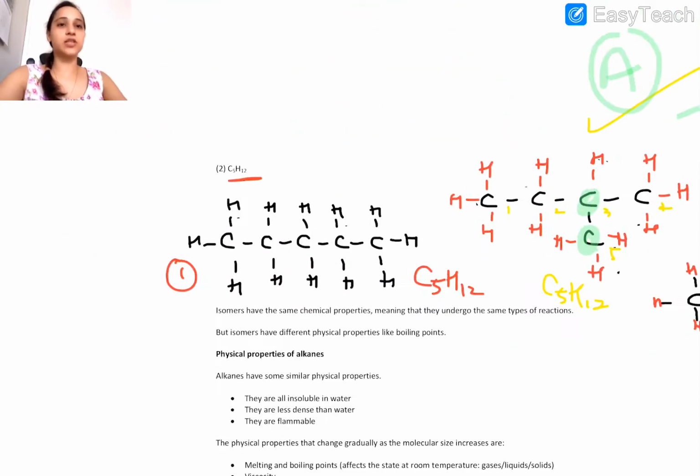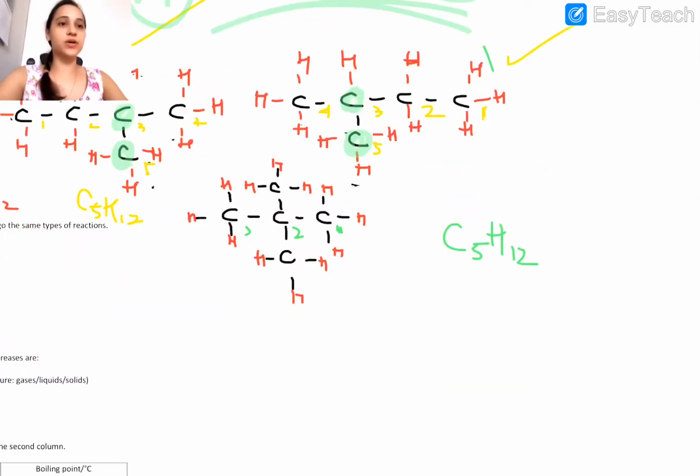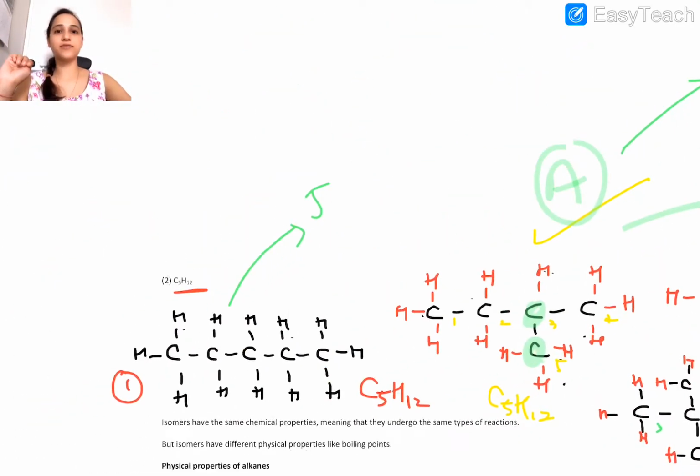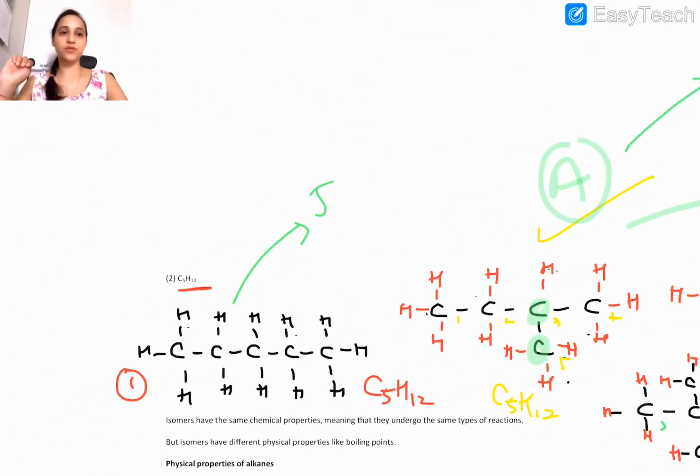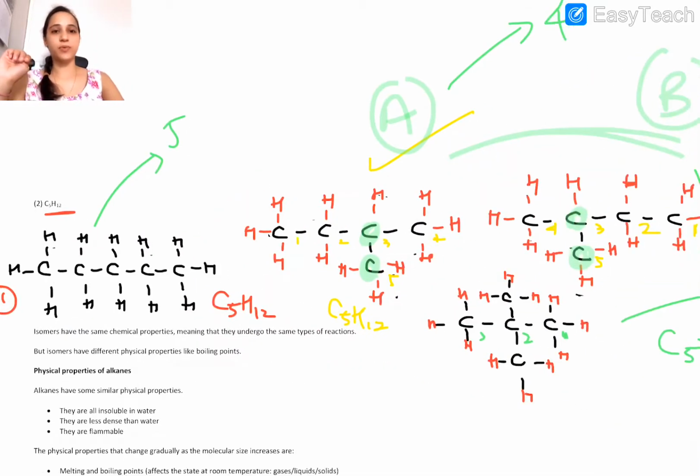This one has a longest chain of 5, this one has a longest chain of 4, and this one has a longest chain of 3. So I'm just playing around with the number of carbons in the longest chain to get the isomers. Then you fill in the hydrogen. So there are 3 isomers for C5H12. Just make sure you have this noted in your copybook.